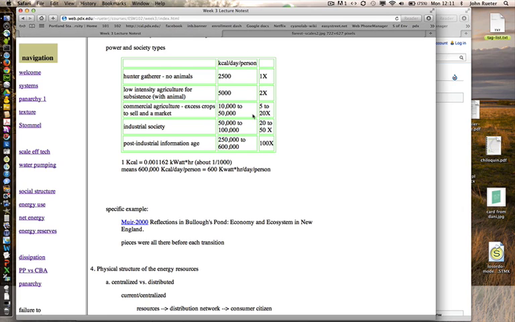Now, commercial agriculture was the next step when you stored food in one place and shipped it to some other place. So you had the farming areas and the villages, and this required moving things back and forth, keeping track. That amount of energy went into supporting the differentiation of farmers versus villagers. And again, it was maybe 5 to 20 times the amount of energy that was used.